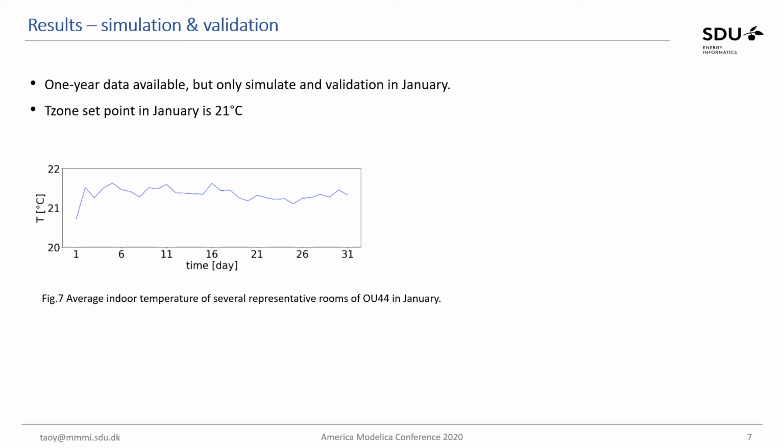As we can see, the indoor room temperatures are always around 21, which means even during the night and weekend, which means that if we set the room temperature set point to be 21 would be reasonable, and the simulation result can be compared to the measurement.